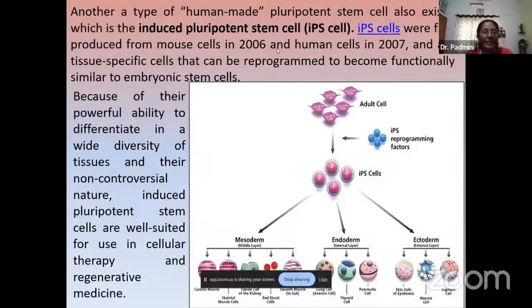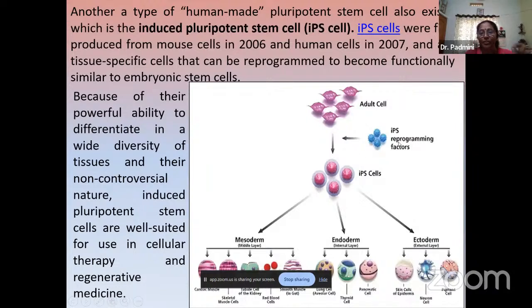Now, because of the ability to differentiate into a wide diversity of tissue and their non-controversial nature, induced pluripotent stem cells are well suited for cellular therapy and regenerative medicine. If you can see in this picture, you can isolate any adult stem cells. In those adult stem cells, you're going to induce iPS.